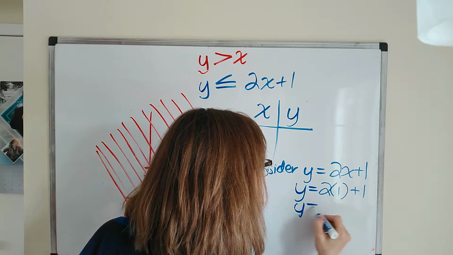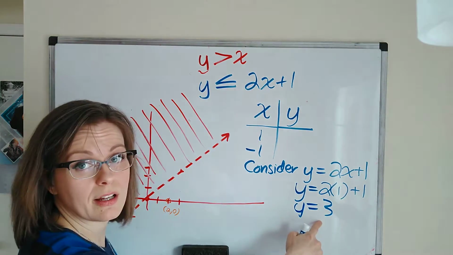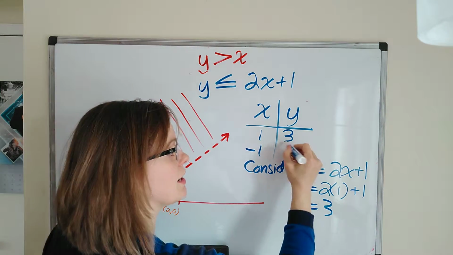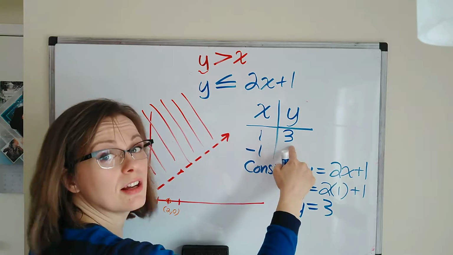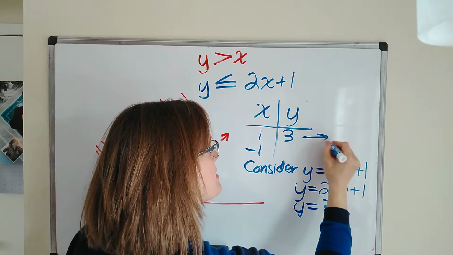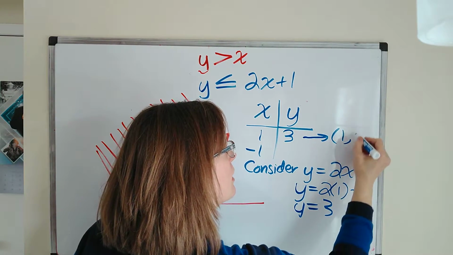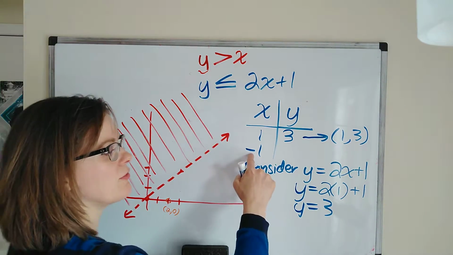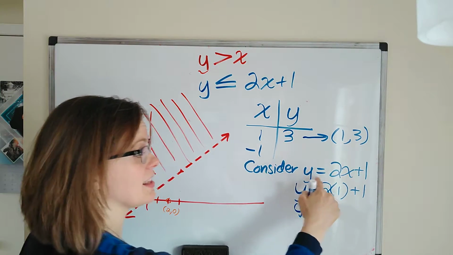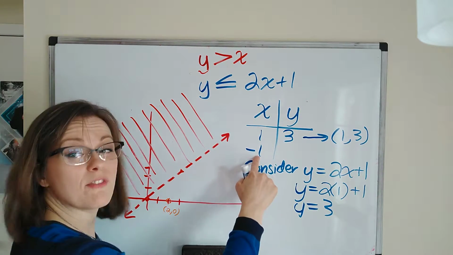So in this case, y would be equal to 3. I take that 3 and I plug it into my t-table, recognizing that this pair of entries corresponds to the point 1, 3.